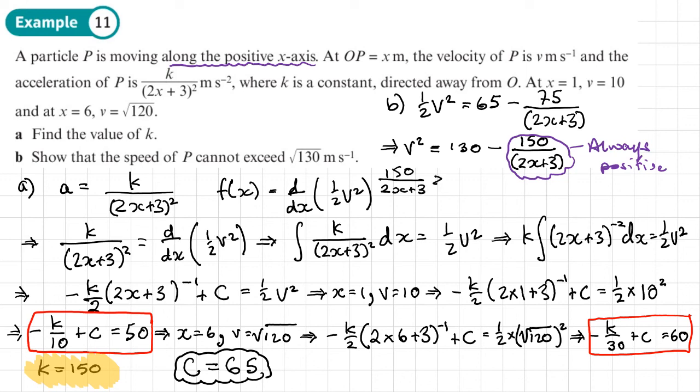If we're always taking something greater than 0 away from 130, that means that v squared is going to be always less than 130, which then means that v is always going to be less than the square root of 130 as required. So we've proved that as they want. You can see that from the expression. It's getting smaller than 130 because x is positive, because it tells us here that it's positive.